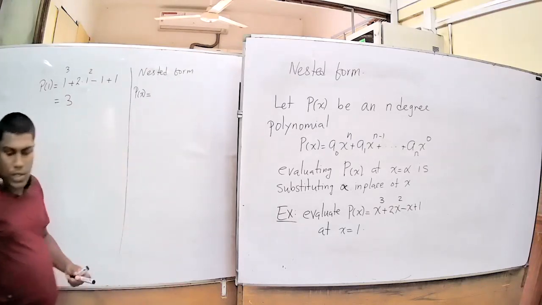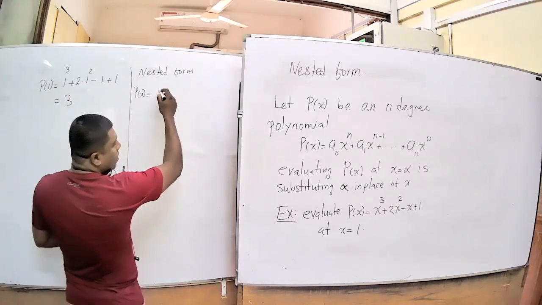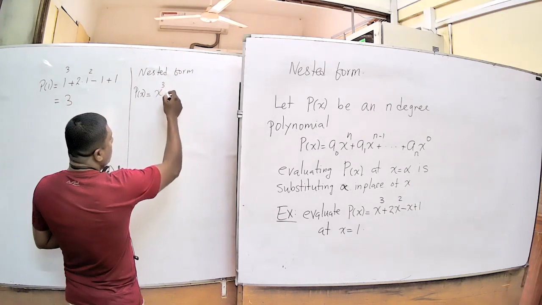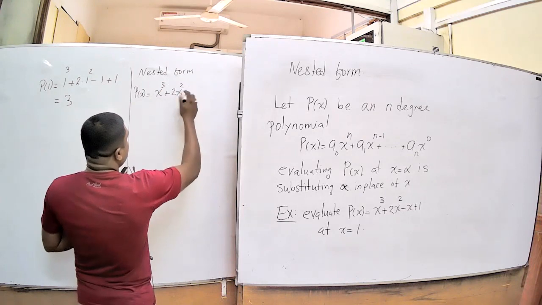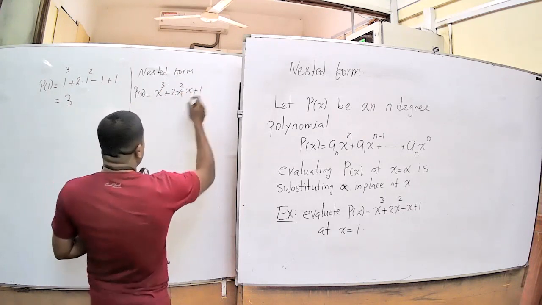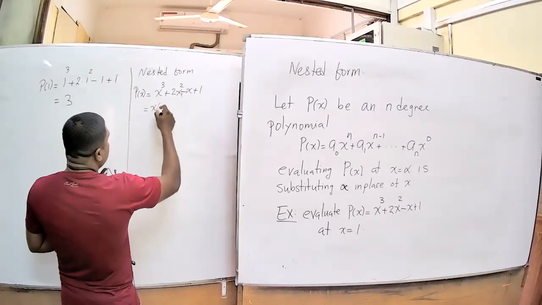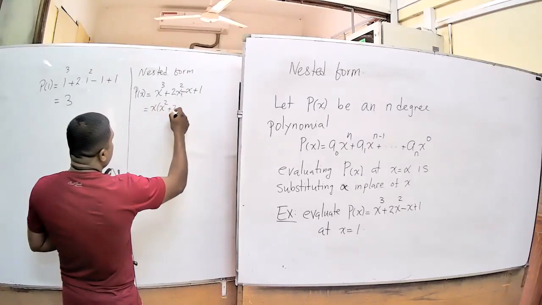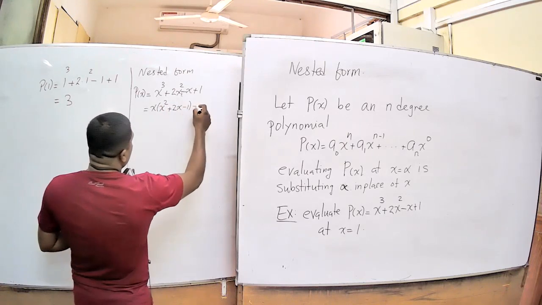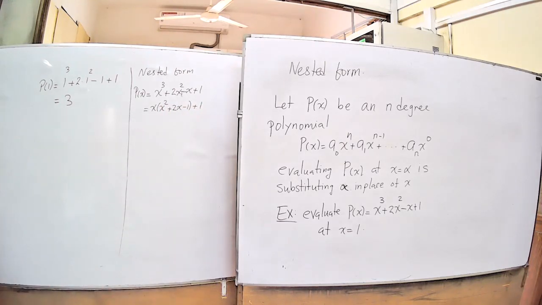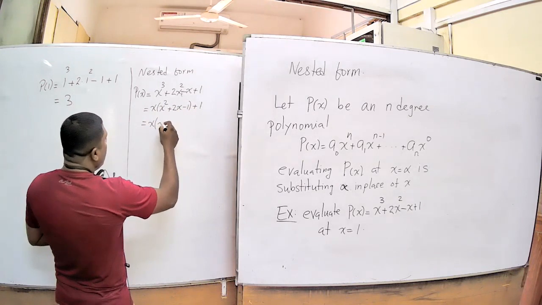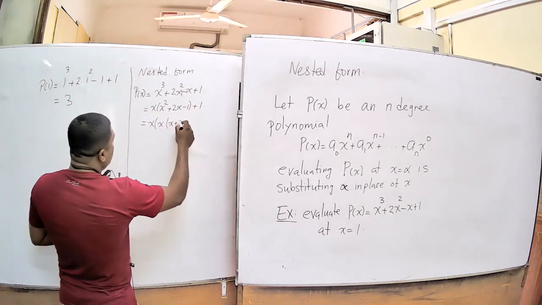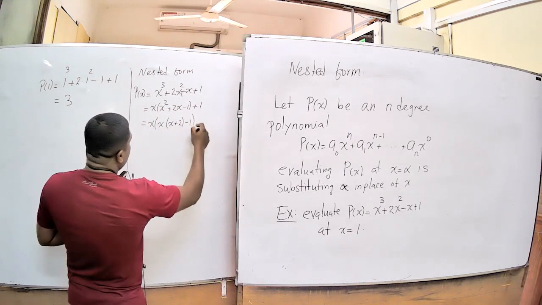First, you have x cubed plus 2x squared minus x plus 1. I write this as x times (x squared plus 2x minus 1) plus 1. So I factor x from the first 3 terms. Next, I take x and do another factoring: x times (x plus 2) minus 1, plus 1.